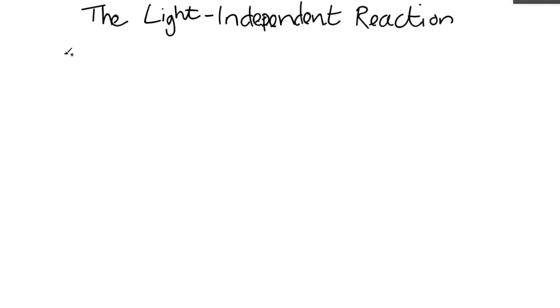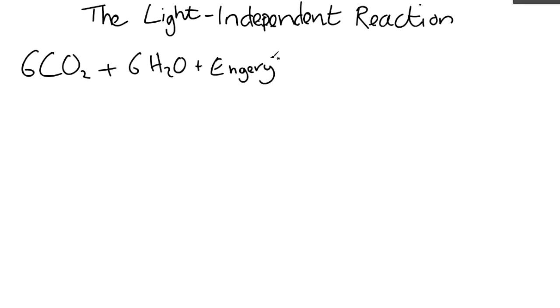So just a quick revision. What we have going in is 6 CO2 molecules plus 6 water molecules plus energy, which is in the form of light, and that gives us our glucose molecule and our oxygen.